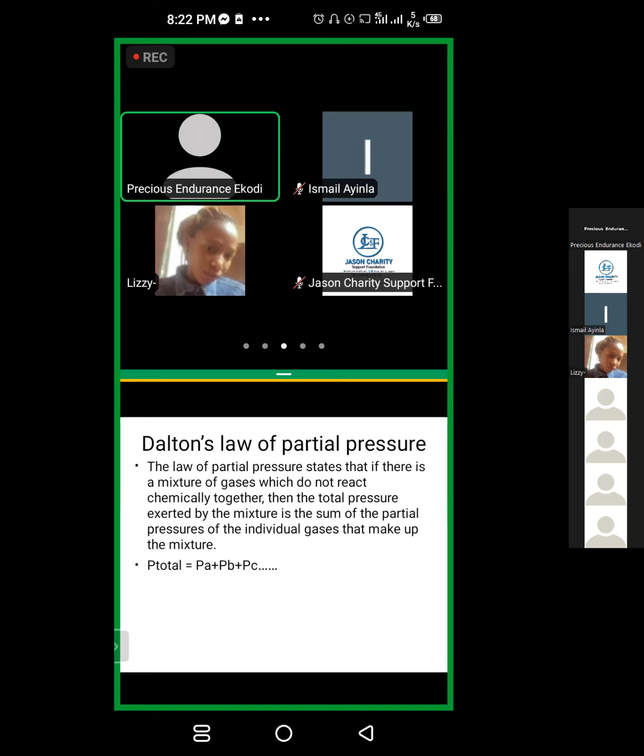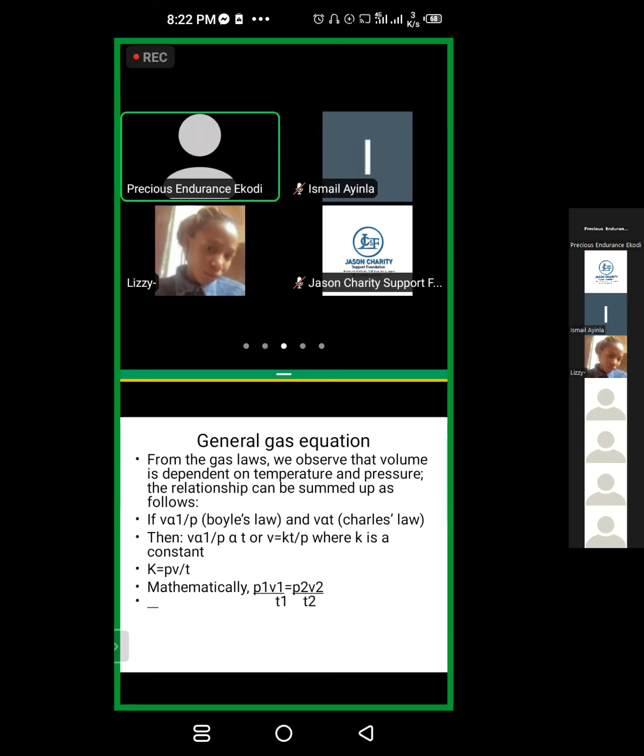It's just that simple. Now, there is something we call the general gas equation. What the general gas equation does is it combines your Charles' law and your Boyle's law together. Why? Notice that for Boyle's law, V is inversely proportional to pressure.